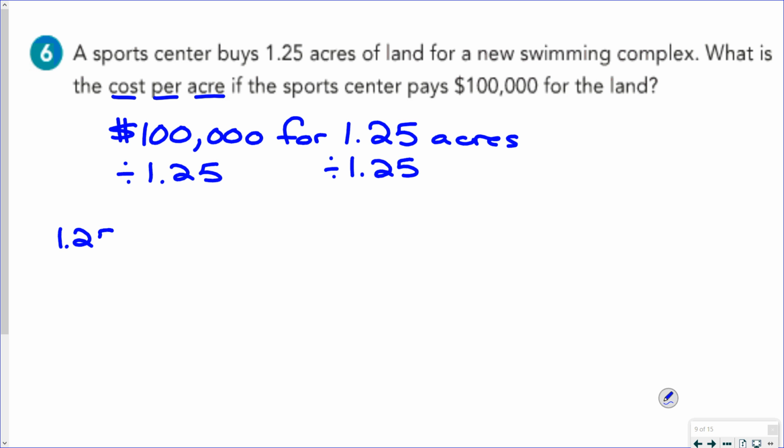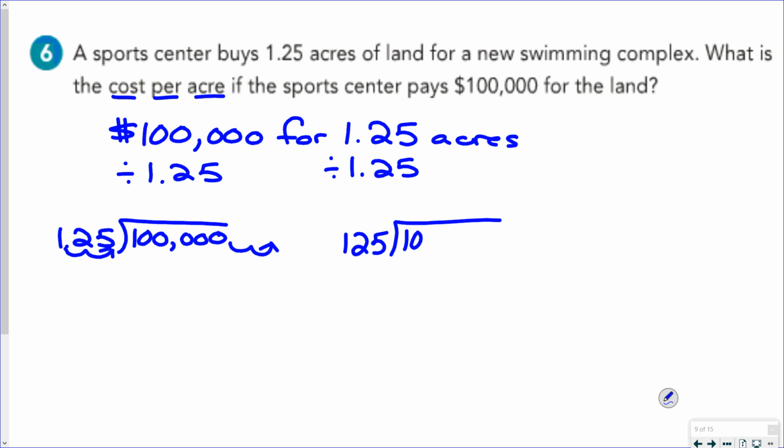So 1.25 into 100,000. Move the decimal point to the end of the divisor, and move it the same number of places in our dividend. So rewrite, and do your division.